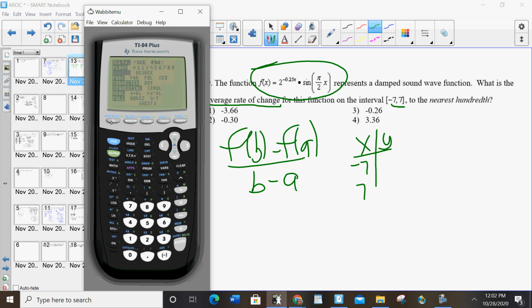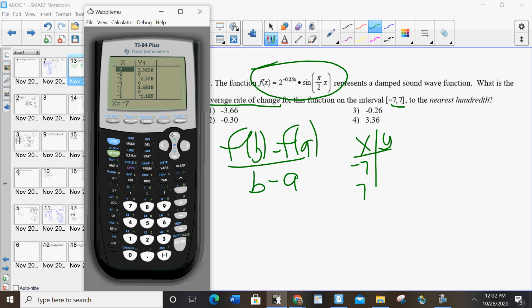So I'm gonna go to y equals. I'm gonna type that whole ugly thing in. 2 to the power of negative 0.25x times sine pi over 2x. I go to my table.